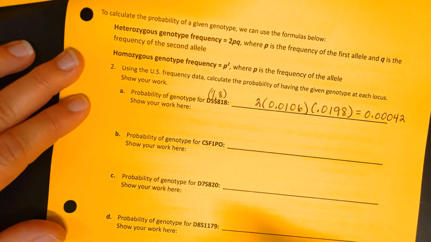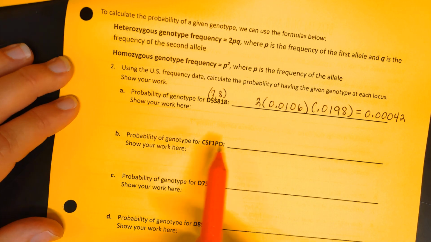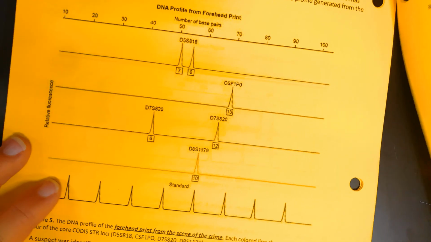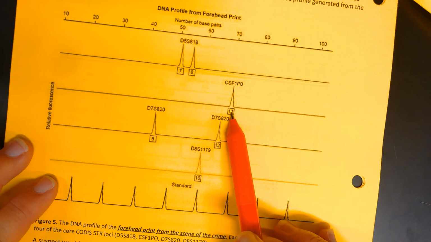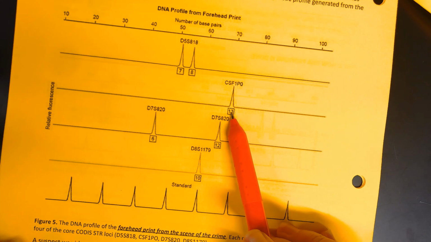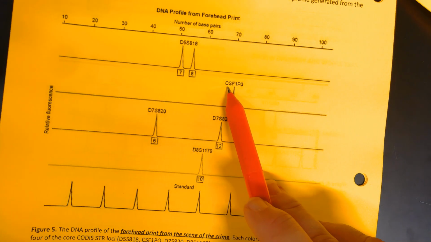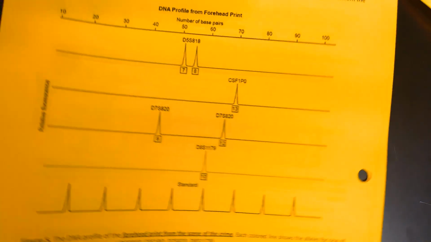Let me quickly show you the next one. This is the next loci, and I wanted to show you this because if we go back to our suspect electropherogram, we notice they're homozygous for this one, and calculating the homozygous is a little bit different. There's 13 repeats for this, and we're looking for CSF1PO.